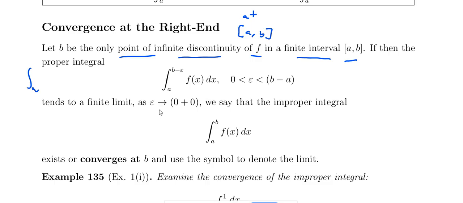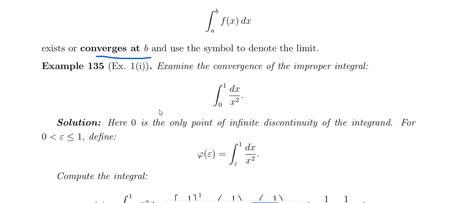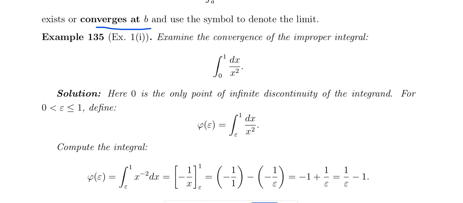If infinite discontinuity is only at b, then the integral a to b minus epsilon f of x dx is a proper integral, and if it tends to a finite limit as epsilon tends to 0 plus, then the improper integral a to b exists and converges at b. Earlier we looked at the left end, a plus; here we look at b minus, that is all. So, examine the convergence of the improper integral.